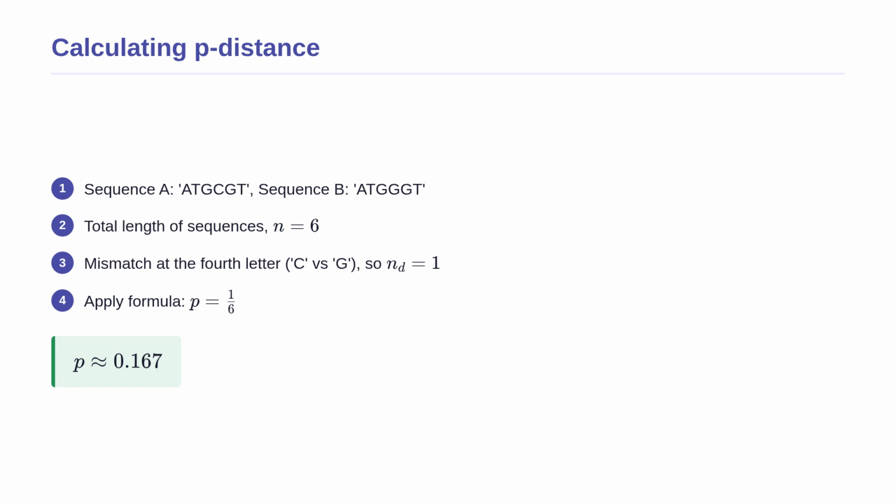Comparing them letter by letter, we find only the fourth letter is different, meaning our mismatches, n sub d, equals 1. Dividing 1 by 6 gives us approximately 0.167. This physically means there is a 16.7% genetic difference between the two frog species for this gene segment.